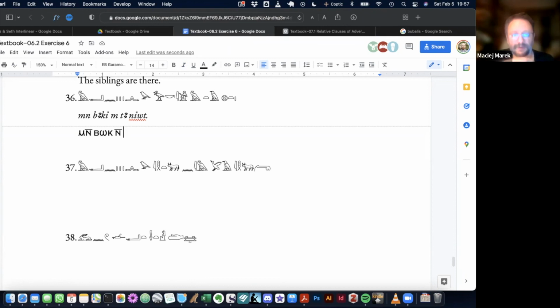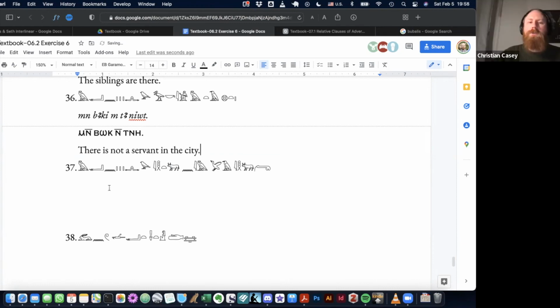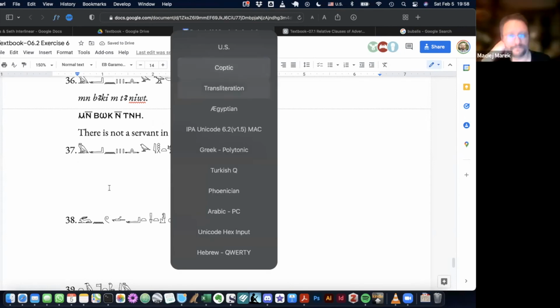Okay, and Newet, I'm not sure it survives in Coptic. It survives as Ne, the name of Thebes. Okay, so there is not a servant in the town. Say city, but yeah, it's not a servant. That's good.